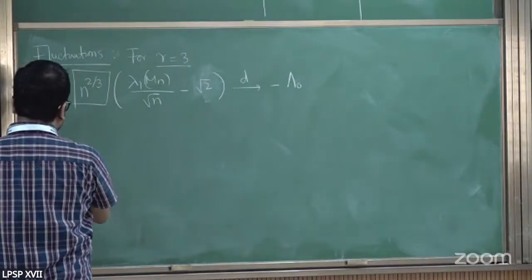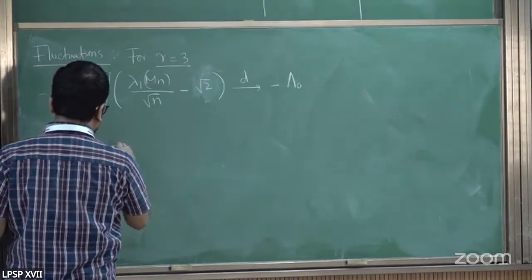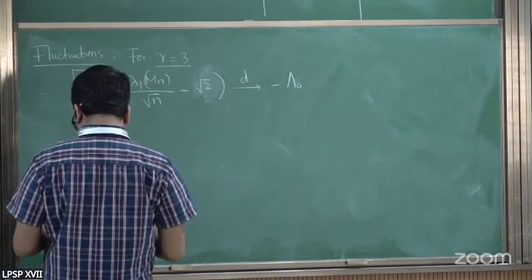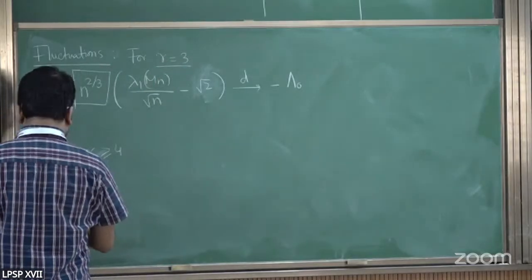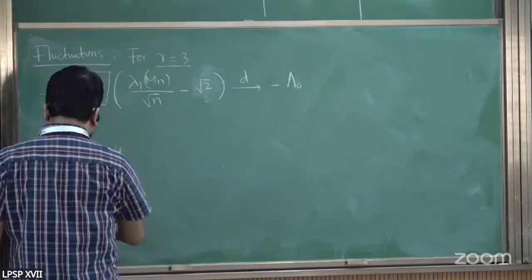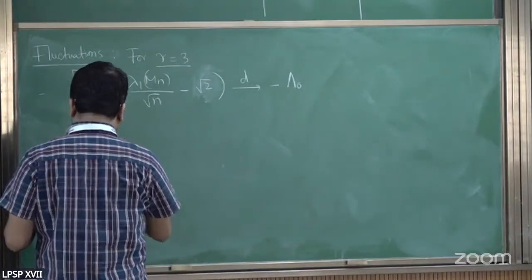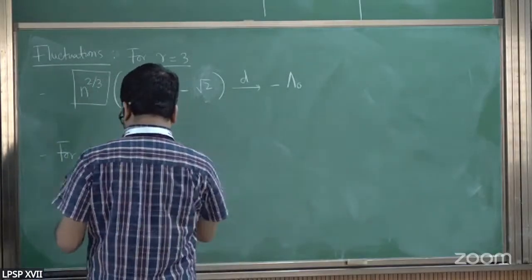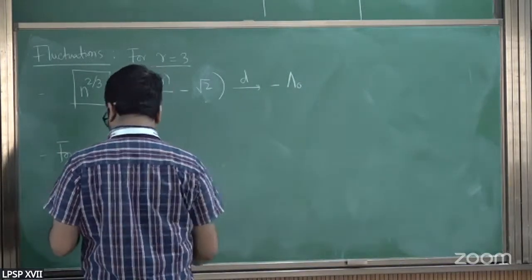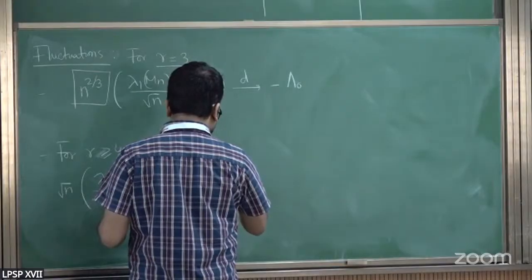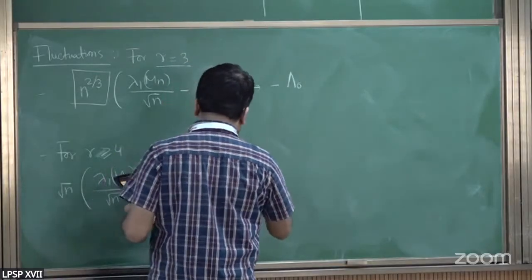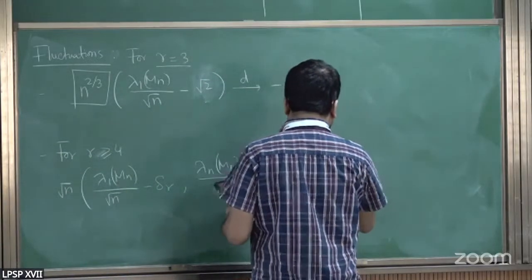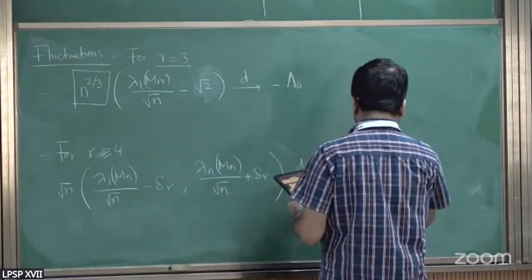On the other hand, for r bigger than or equal to 4, you have Gaussian fluctuations. So in fact, in this case, we can write down the joint fluctuation of the largest and the smallest. So lambda 1 of Mn over square root n, and the smallest over square root n minus delta plus delta r, converges to a bivariate Gaussian with mean 0.